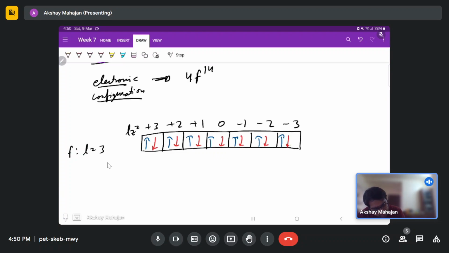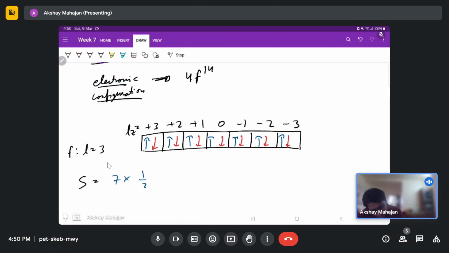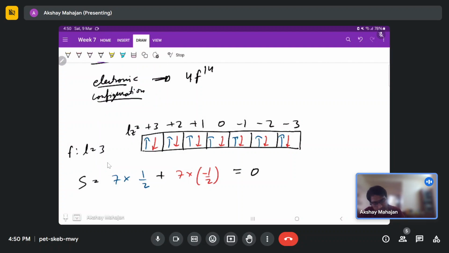Basically we are going to fill all the subshells. So S will be equal to 7 times plus half plus 7 times minus half.